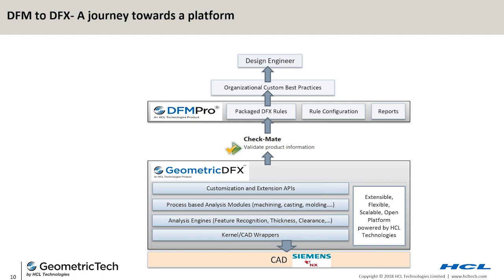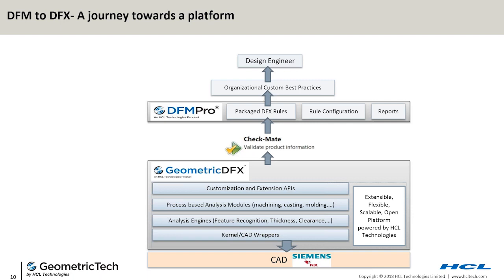How much of those can DFMPro address in its current state, and how can you bridge the gap of some of the custom requirements that you might have, so that you get a complete solution in terms of DFX that we are trying to bring in with DFMPro for NX. And some of the key challenges in terms of ECOs are highlighted in front of you.